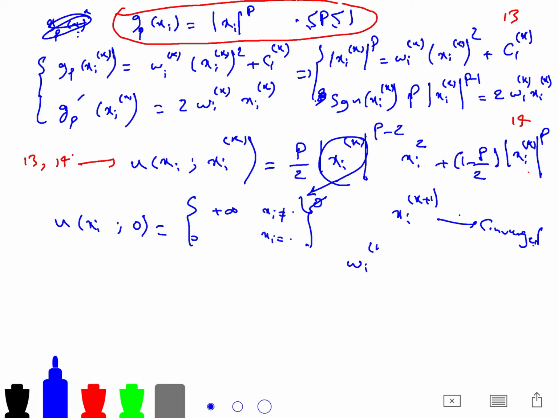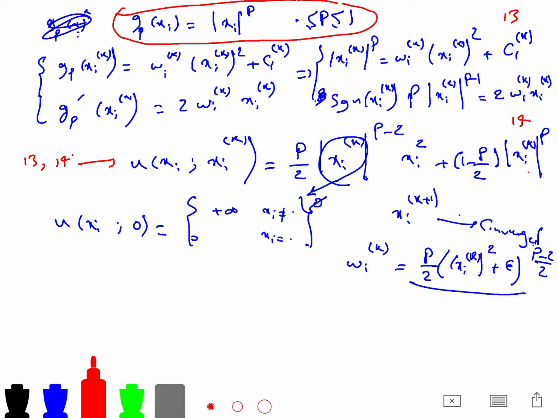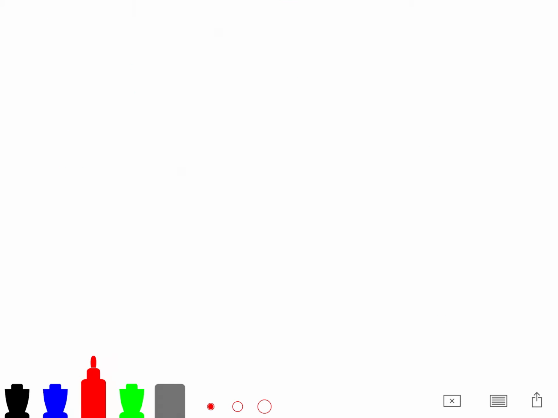So some people say, okay, how about this one? How about x_i^k squared plus epsilon to the p minus 2? They call it a damping approach. But none of them are good.